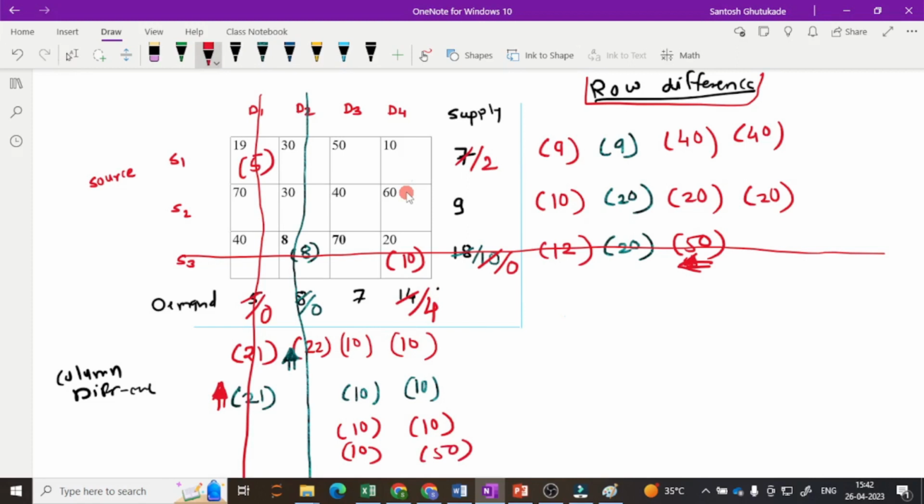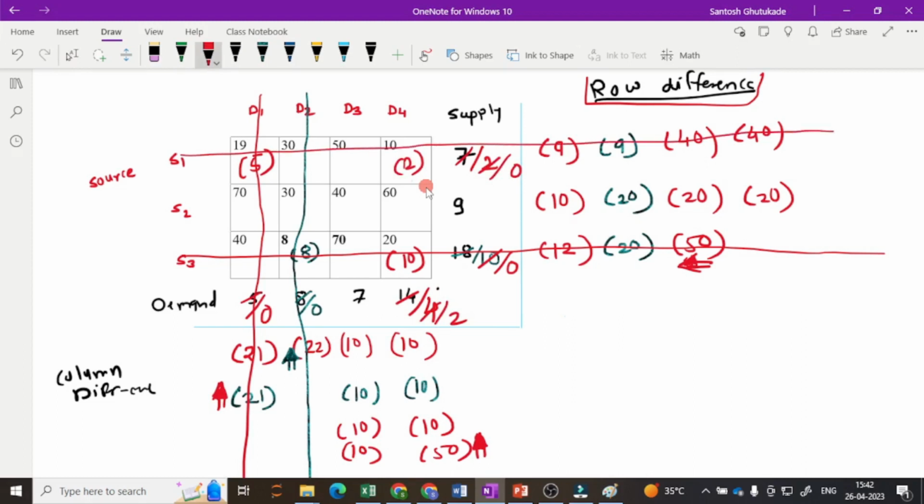So we consider this maximum penalty 50. In this column we will give the allocation at 10 where supply is 2 and demand is 4. So we will fulfill the demand by 2, demand remains 2, and all supply is used, so this becomes 0. Then again we will cross this.